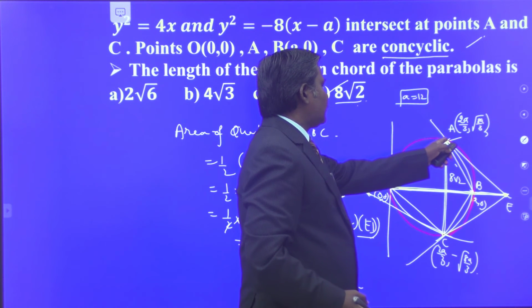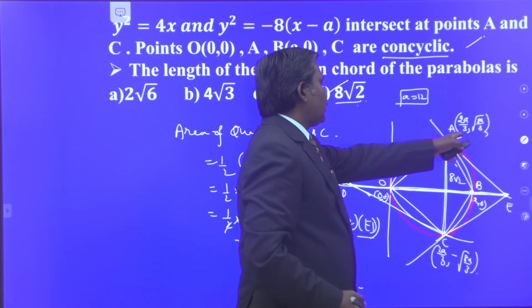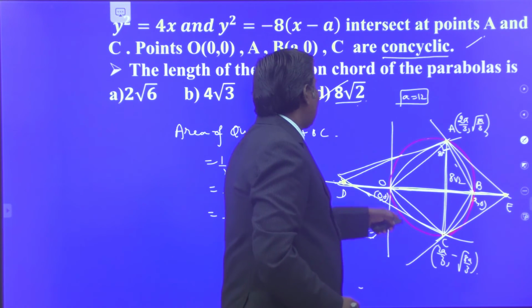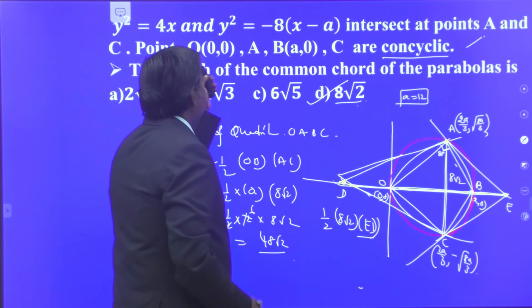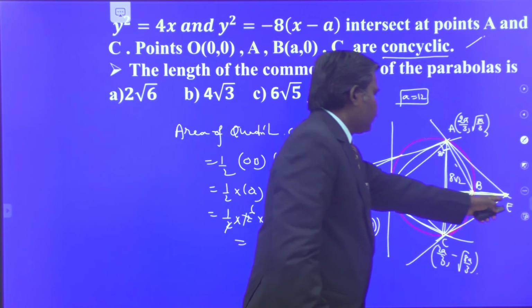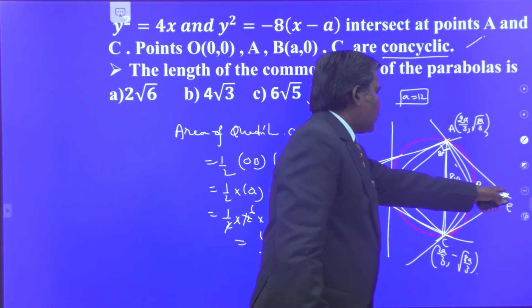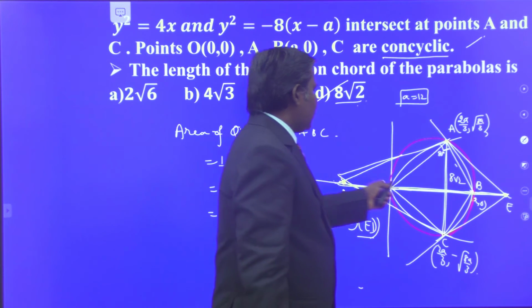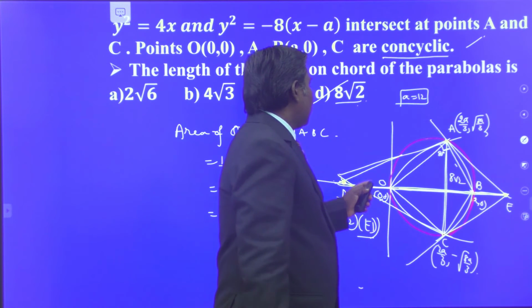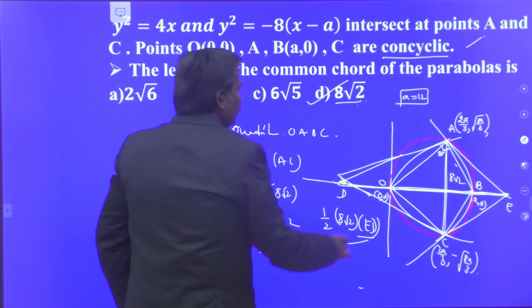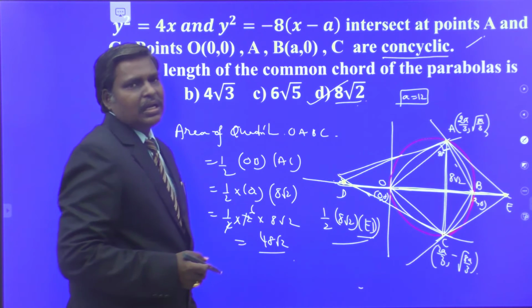Write the equations of tangents at 2a by root 3 comma root of 8a by 3 to the parabola y square equals 4x as well as y square equals minus 8 times x minus a. Okay, you get the points of intersection. Once you get the points of intersection, you can easily find DE and then apply the formula half into 8 root 2 into ED, you get the required answer.